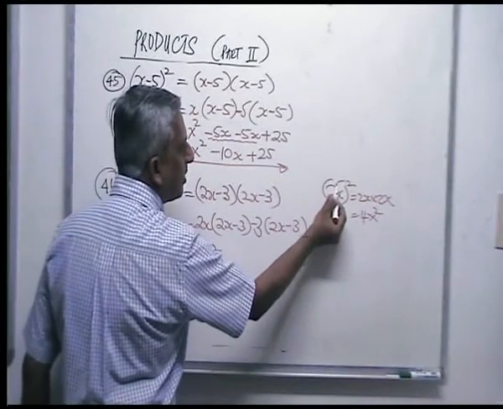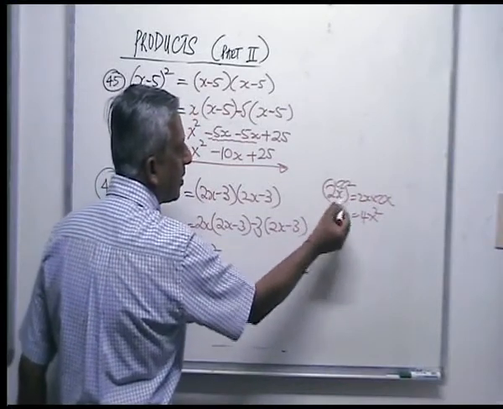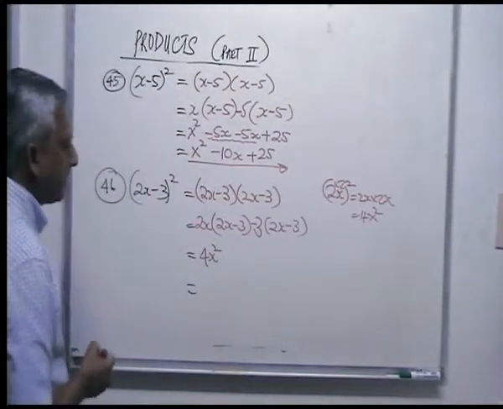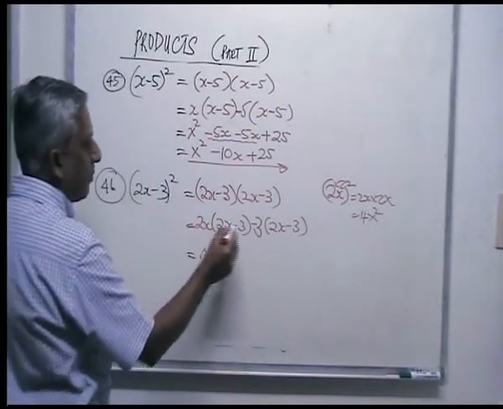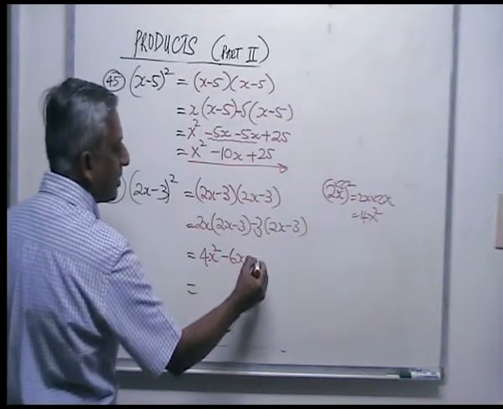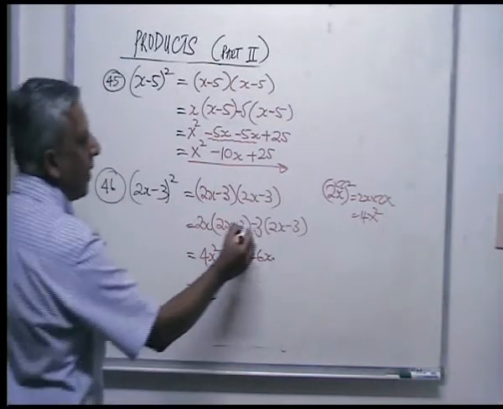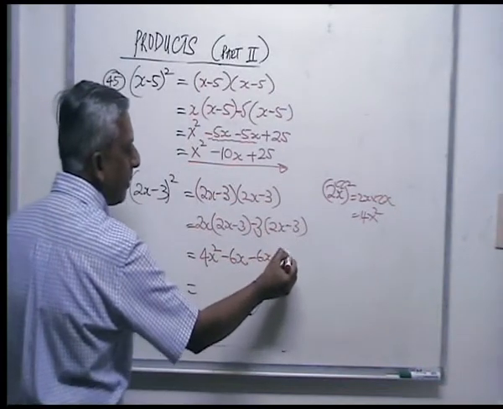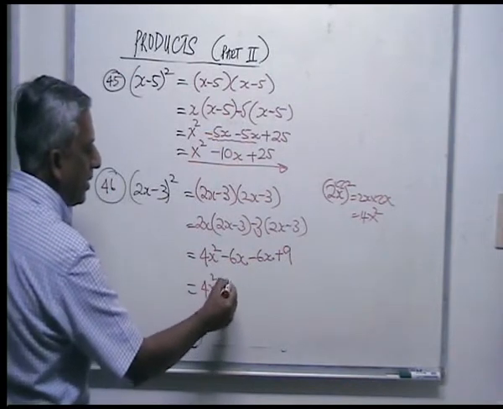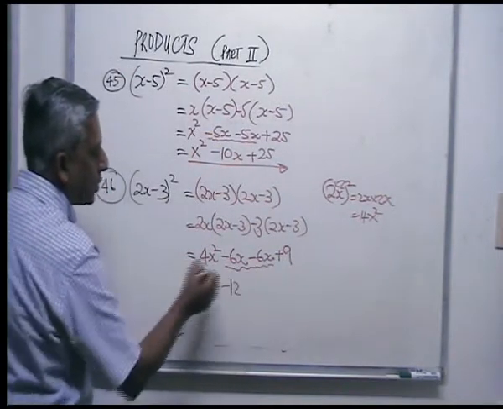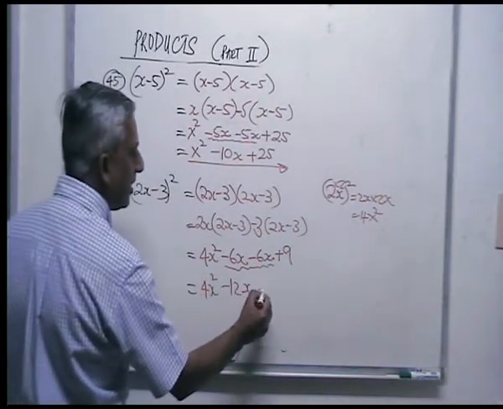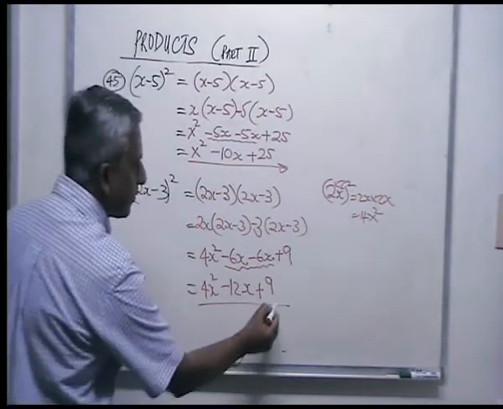Or if you remember your power rules from before, the power goes on to each one. So it's 2 squared, which is 4, x squared is x squared. Right, so that's 4x squared minus 6x. Minus 3 times 2 gives you minus 6x. Minus 3 times minus 3 gives you plus 9. And that gives you 4x squared minus 12x. Remember, we're adding those two up. You put minus 6 plus minus 6 in your calculator, and you see you get minus 12 plus 9. So that's the answer for number 46.